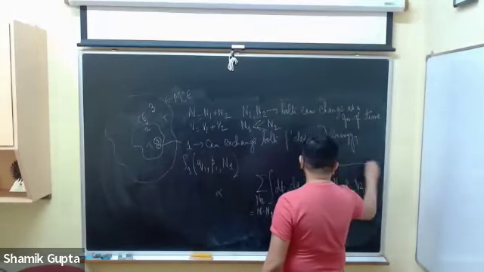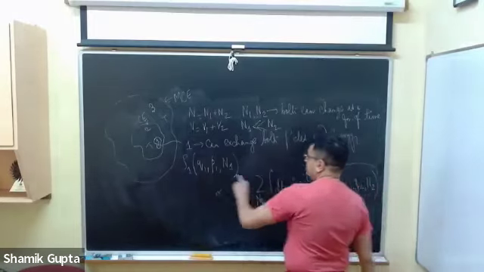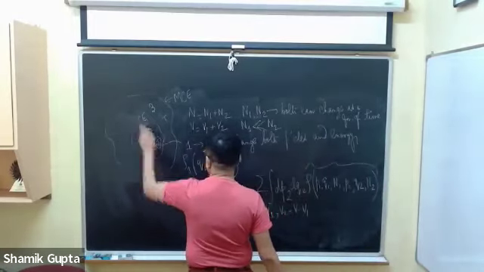But what is this guy? This is the canonical ensemble, or canonical equilibrium, of 1 plus 2.